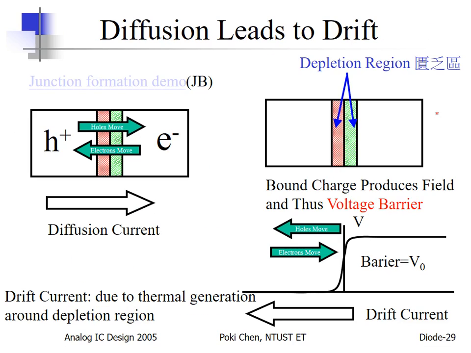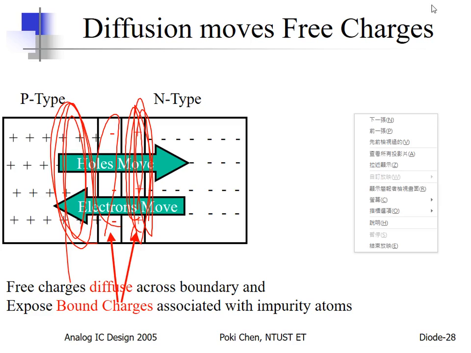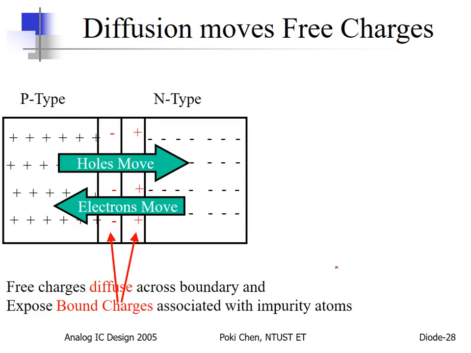After diffusion, for the exposed area just beside the PN junction, we call it depletion region.